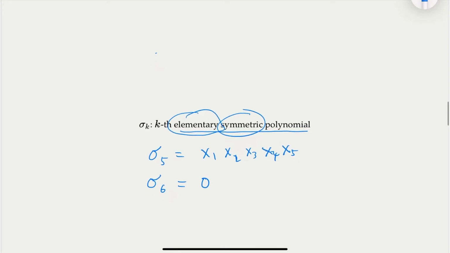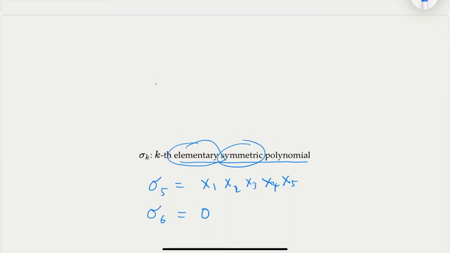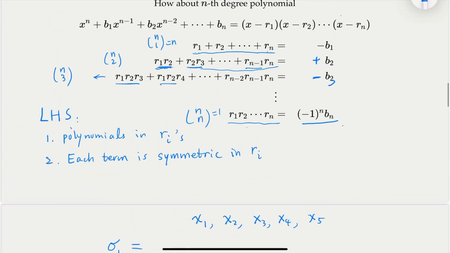So let's say for degree 5, you have 5 roots, x1, x2, x3, x4, and x5. And what is sigma 1 in that case? Notice that it is elementary. The first one would be sigma 1. This one would be sigma 2, sigma 3, and this would be sigma n.